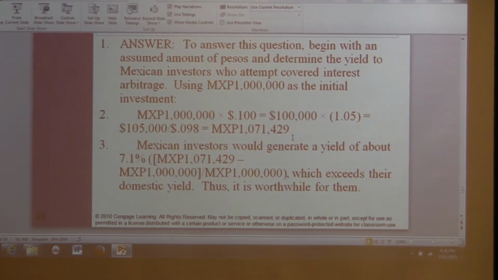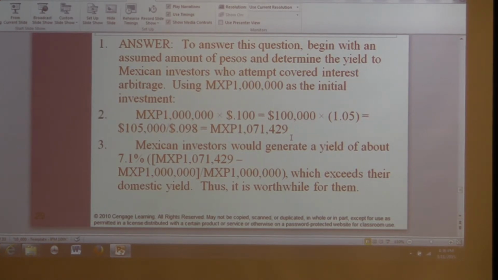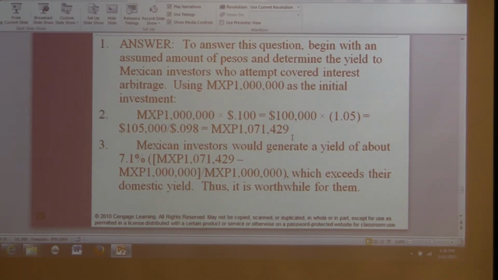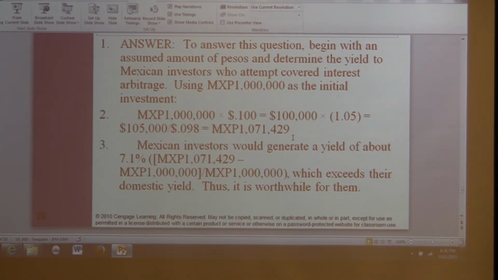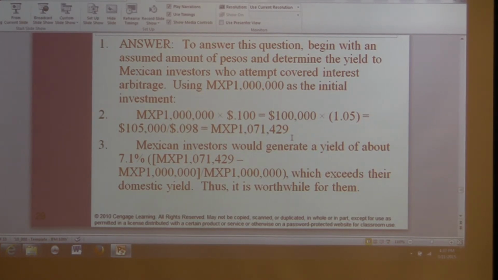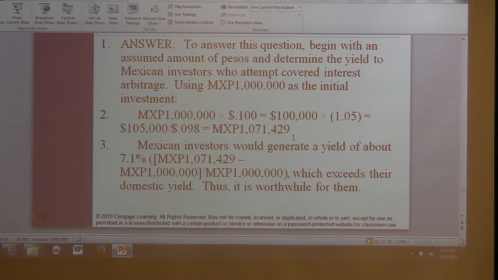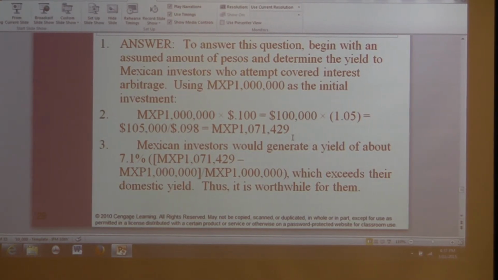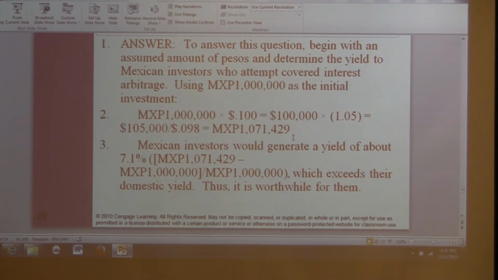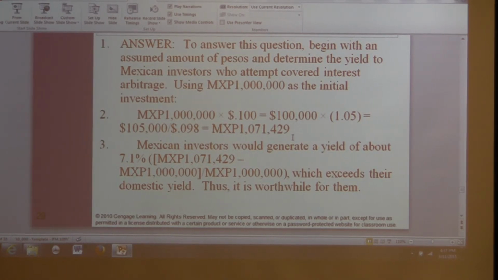Use 1,000,000 pesos, yeah? Okay. So at time t equals 0, buy US dollars, invest at the US rate, sell forward.